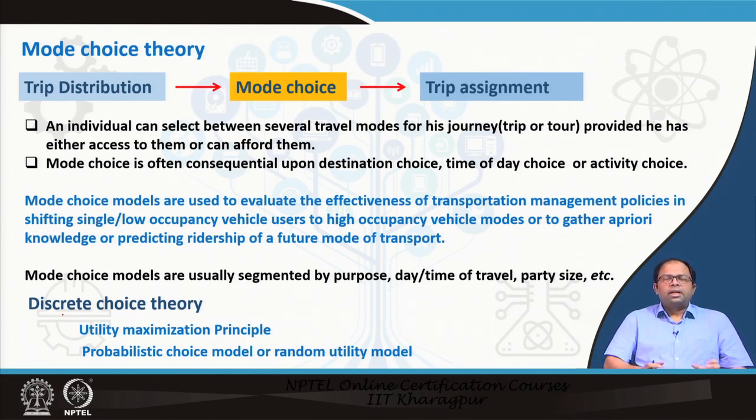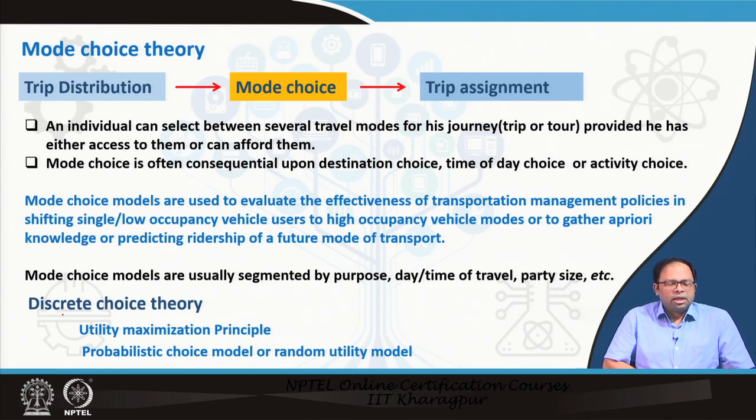That means for a particular time period of the day, for a particular Tij value, which means the number of trips happening between zone I and zone J, we predict the modes that would be adopted by the different people. So, that is the mode choice step that we will cover.